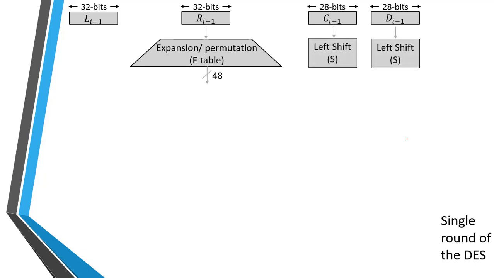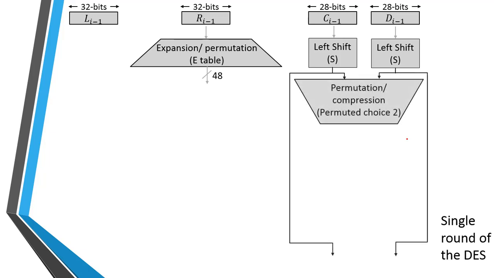Left circular shift is applied to both the parts. After applying the left shift, we apply permuted choice 2, which gives us a key size of 48 bits, and which is given to the exclusive OR operation between the expansion table output and the key.